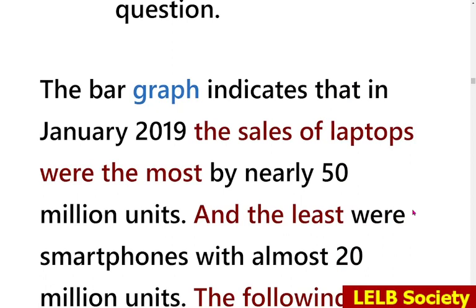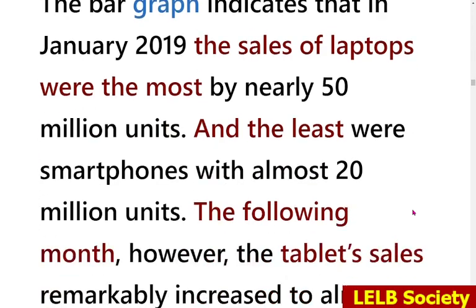Okay, the second paragraph. The bar graph indicates that in January 2019, the sales of laptops were the most. It's better to put it this way, that the sales of laptops had the highest rank, or were the highest, not the most, by nearly 50 million units.